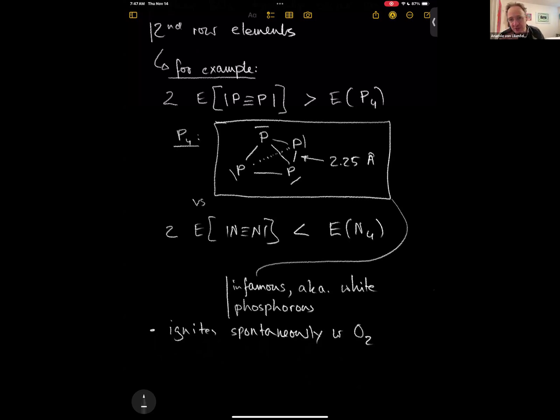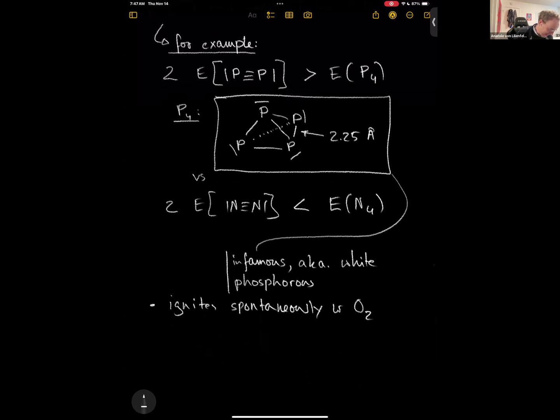As soon as it's exposed to air, it will burst into flames. As soon as it encounters aqueous conditions, it forms phosphoric acid with water.